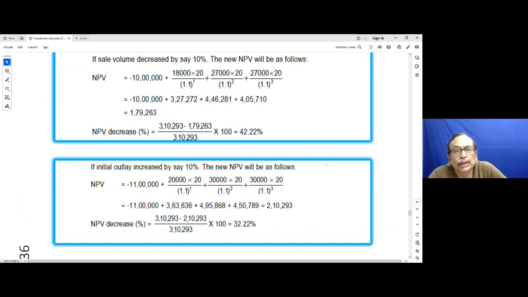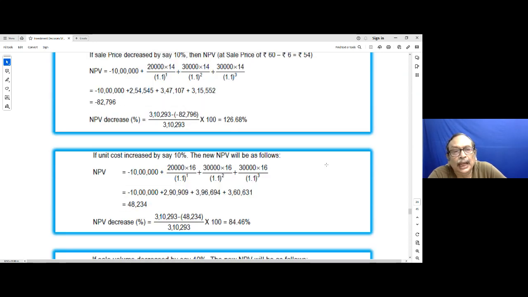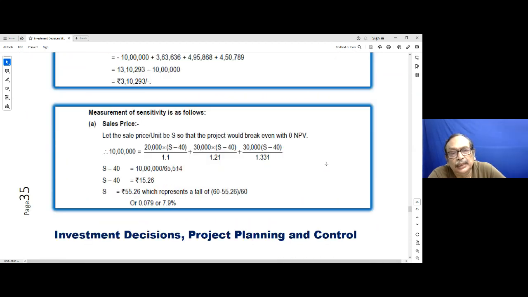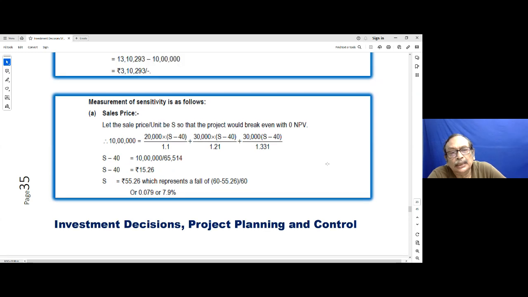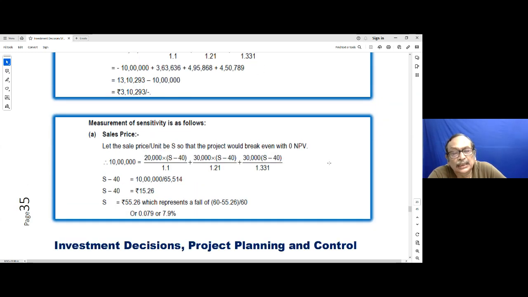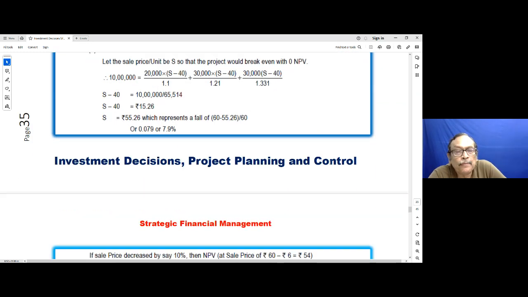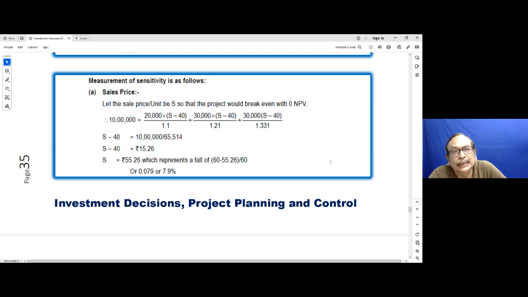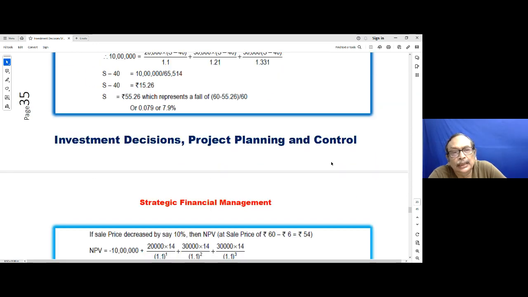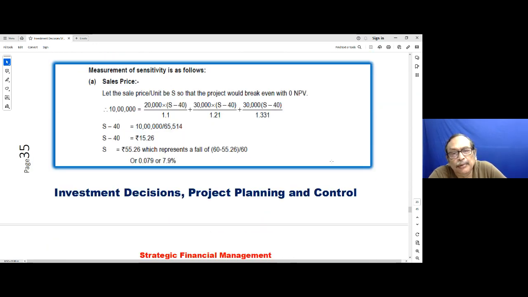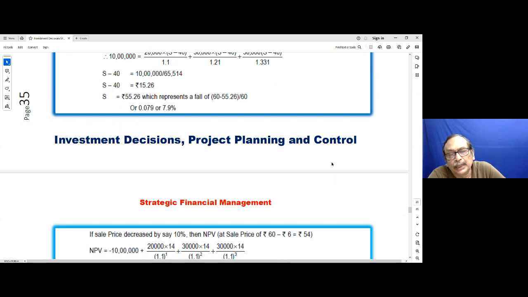So what do we get? We get that the most sensitive, that is what I have said, is 7.9%. That is, a change in the selling price, then there will be a fall of 7.9%.